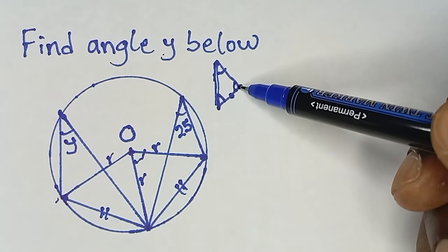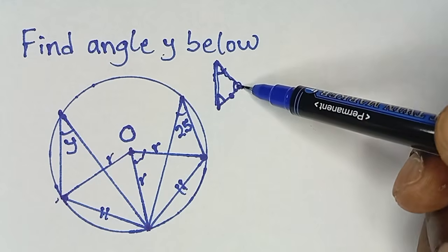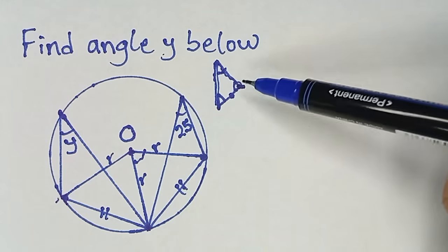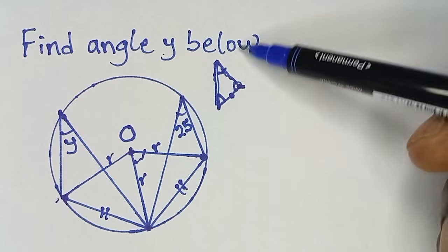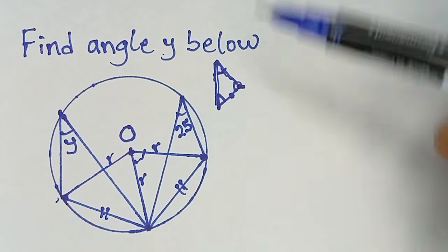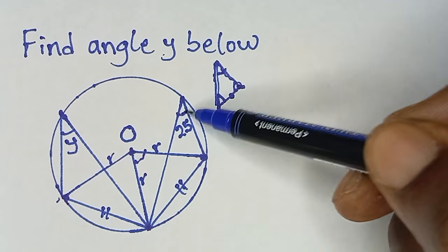So a line and its opposite angle, a line and its opposite angle, and then a line and its opposite angle. So those are the methods that you need to apply in getting the various angles that each line of a triangle subtends. So this chord now has this angle 25.